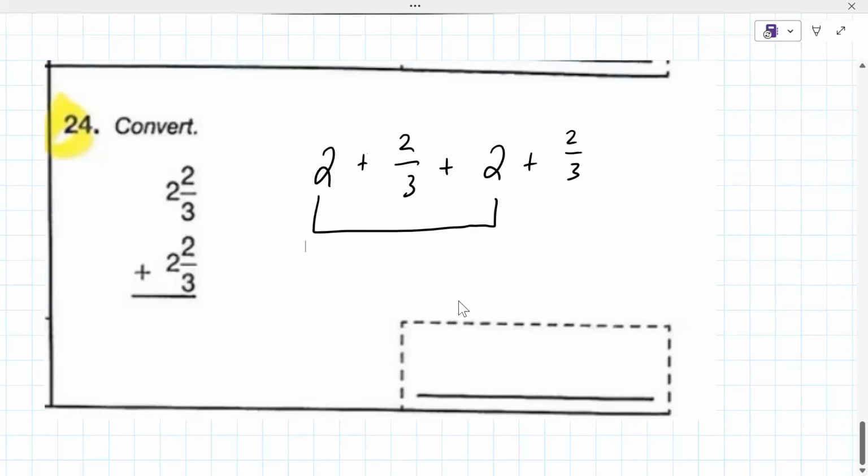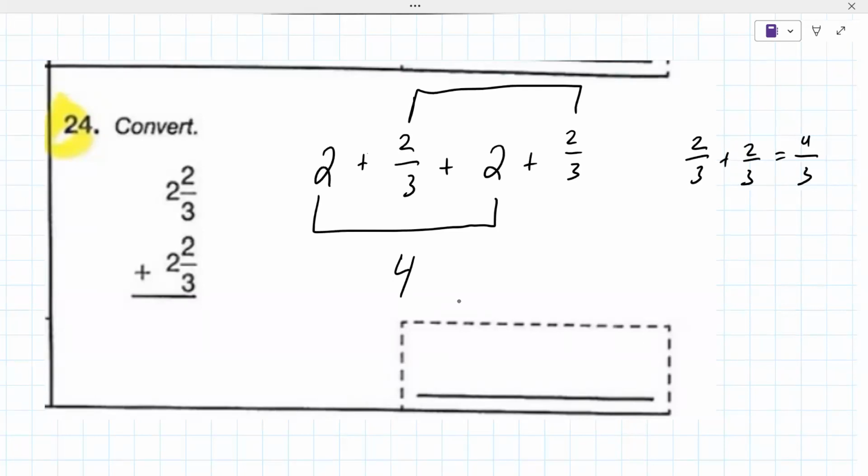4 is the whole number and 4/3 is the fraction. Okay, so that was my concern. And you are correct. It is 4/3. 2/3 plus 2/3 is 4/3. But the problem here is that this is actually a mixed number. Let's convert this to a mixed number. If you're not sure how to do that, we can do that together.